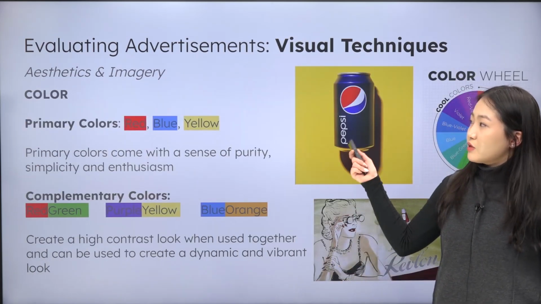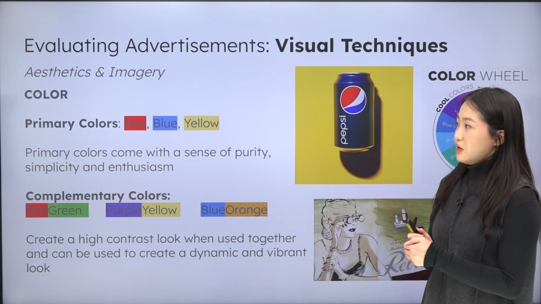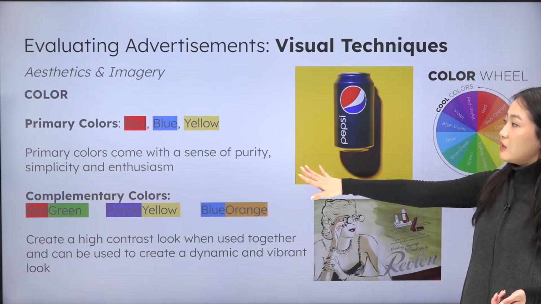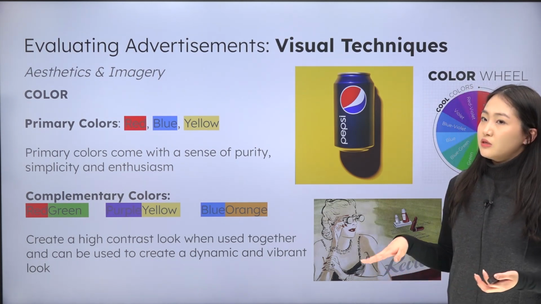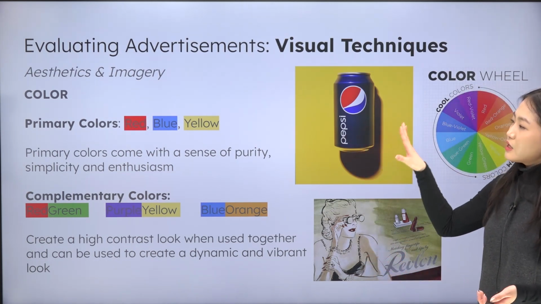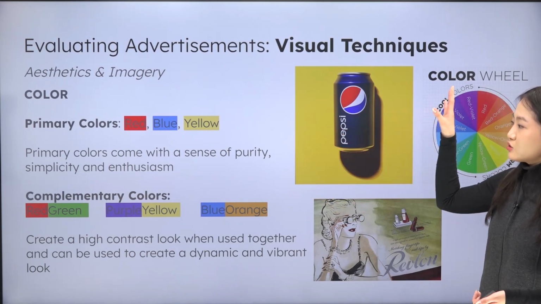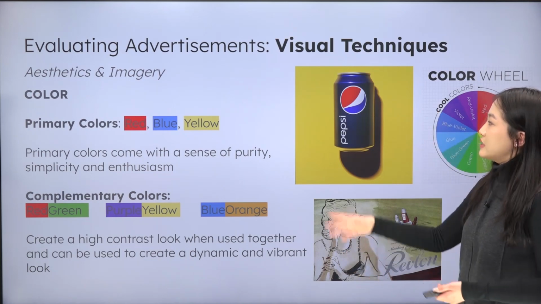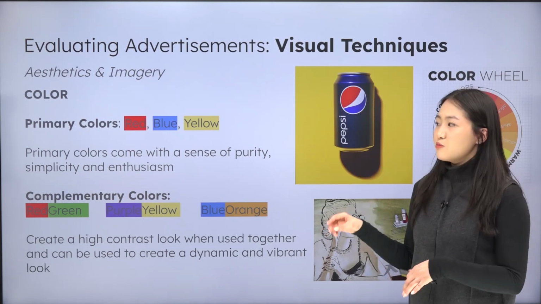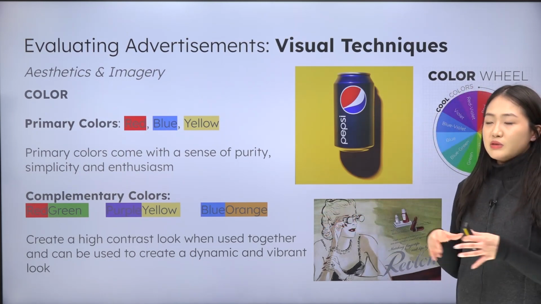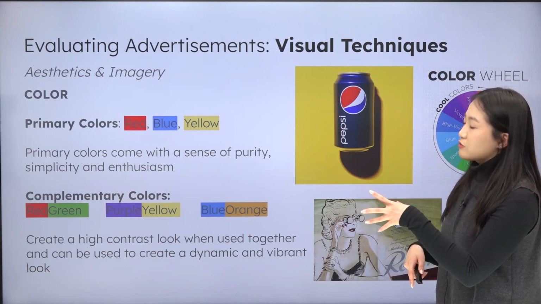So like I said before, color theory is very often used in advertisements. The primary colors, red, blue, and yellow, are very basic colors, but you shouldn't think that primary colors are just simple. Usually primary colors come with a sense of purity in terms of their saturation, and they have beauty in simplicity where it creates a certain enthusiasm and a colorway that evokes excitement.